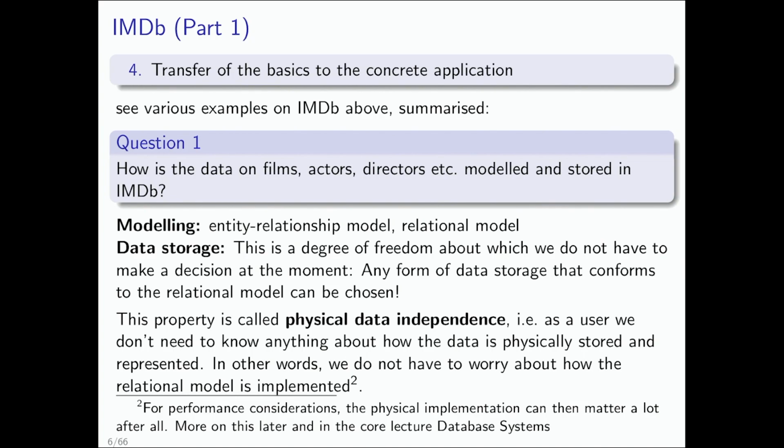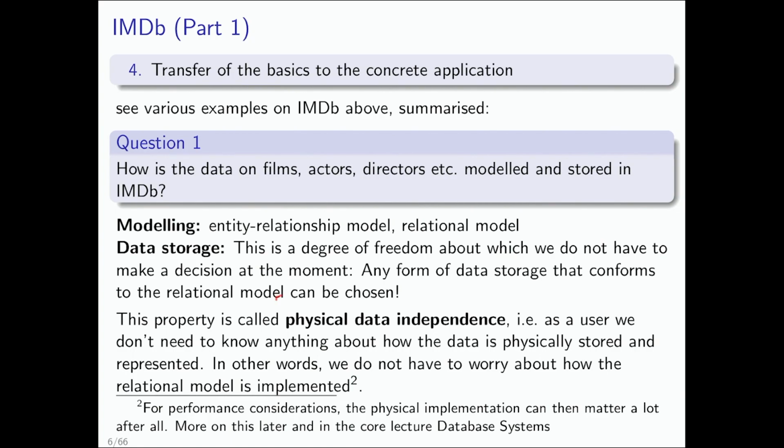So from the point of view of the relational model or the entity relationship diagram, we don't have to worry about whatsoever how to represent the data. So you don't worry about data structures, layouts, files and stuff like that. That's all handled automatically by the system. So we really abstract from the physical representation of the data.